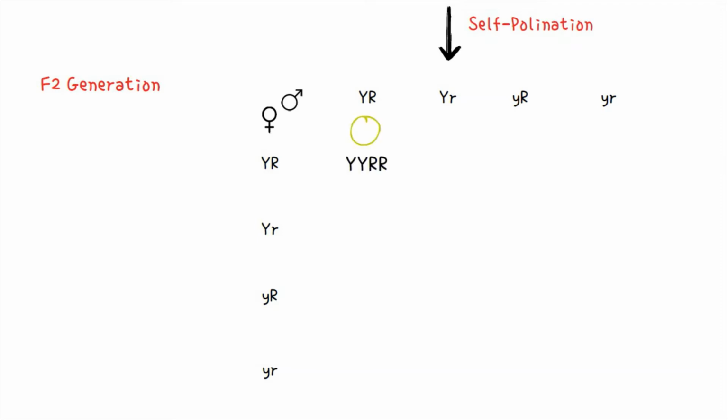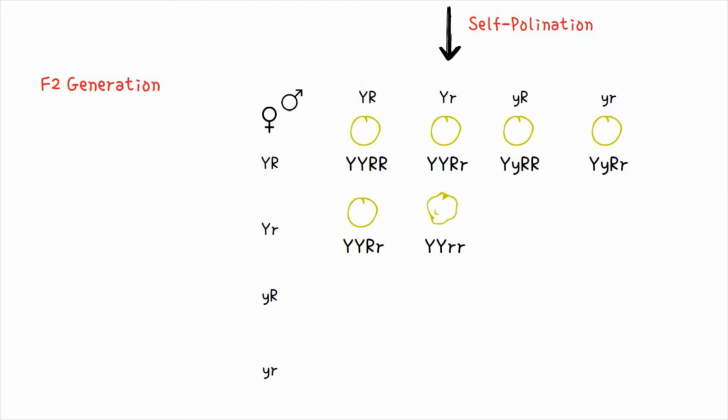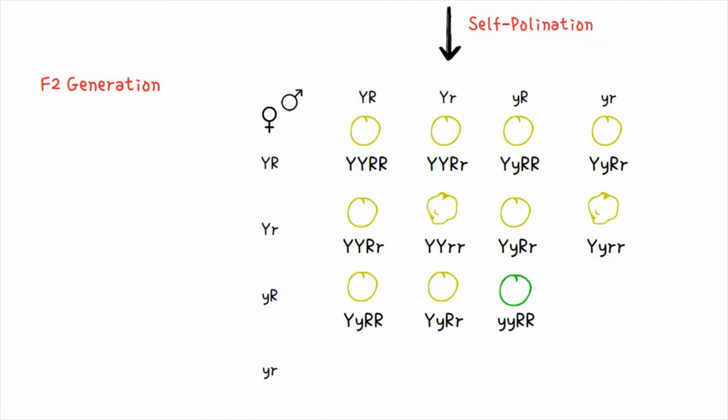And these are the possible zygotes that are formed by the combination of gametes of the F1 generation. Overall, a total of 16 possible zygotes will be formed by the combination of these F1 generation gametes.